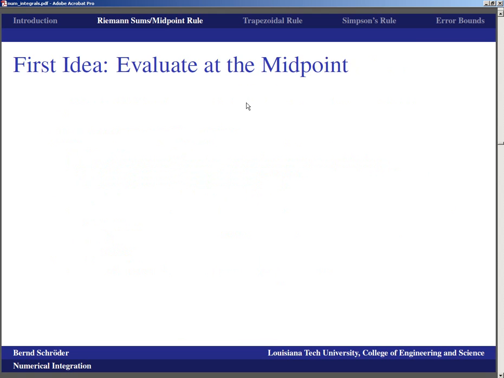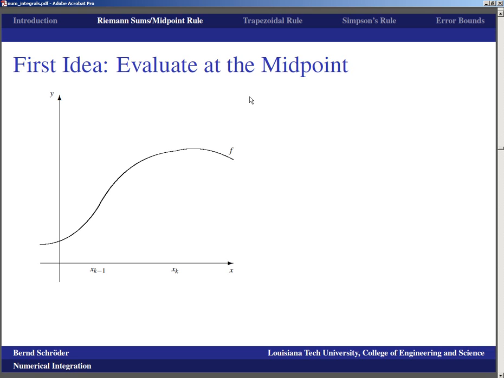Here's where we're technically looking a little bit into the abstract definition of the integral, which was that those Riemann sums could be evaluated at any point inside that interval, right? And so if we evaluate at the midpoint, well, the picture is still the same. This time around, I'm just going to show you a representative interval from xk minus 1 to xk, because we need to get a formula here first.